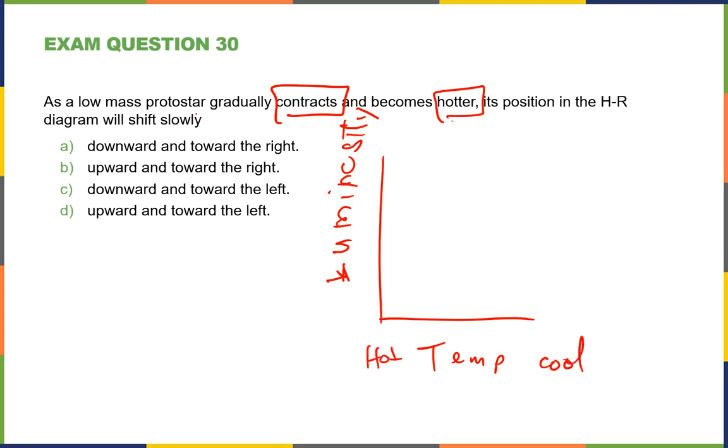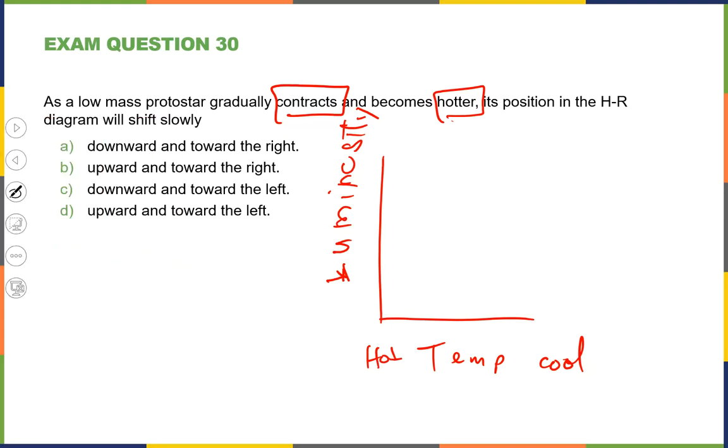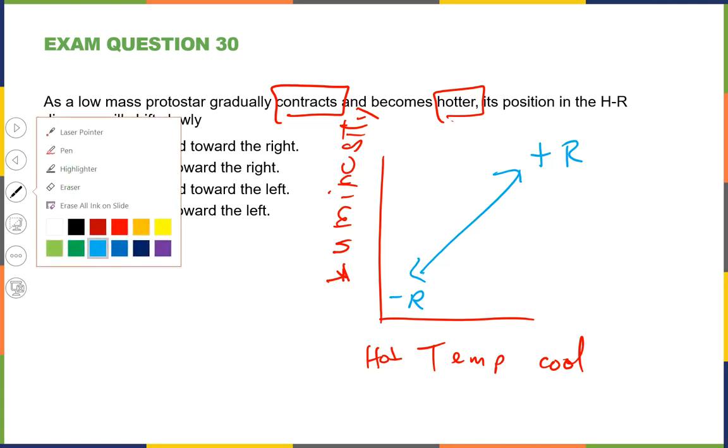So we have an object that is contracting, so it's getting smaller. What direction is radius? Does anybody remember? There's large radius, here's small radius. So it's contracting, so it's going to be moving down to the left according to the contraction.